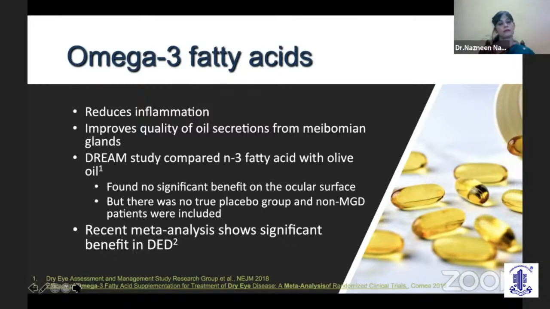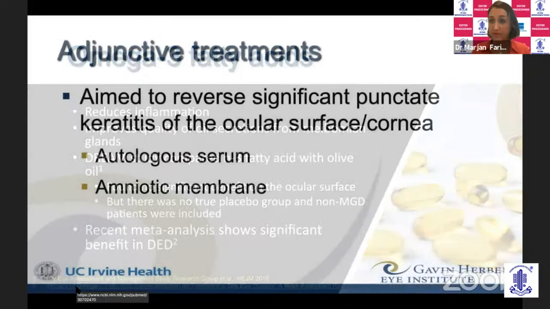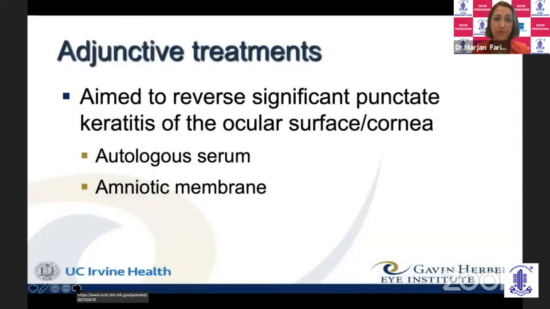And so I do still recommend omega-3 fatty acids, something like a re-esterified fish oil, for patients to improve the inflammation of their lid glands.